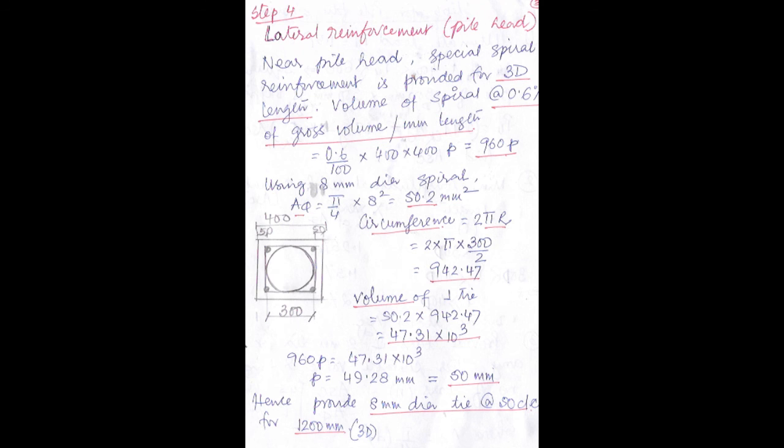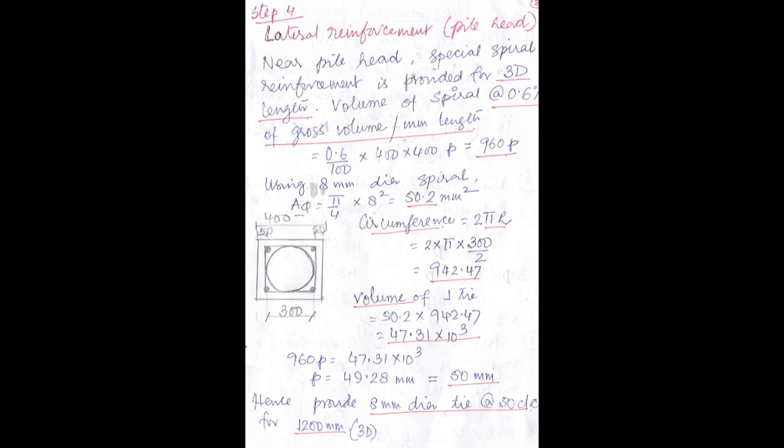Okay, so let us see that here only the circumference is going to be different from the step 2 and 3. So let us see how we are going for it. So here also we are using 8 millimeter diameter spiral. Okay, now A5 will be again 50.2.